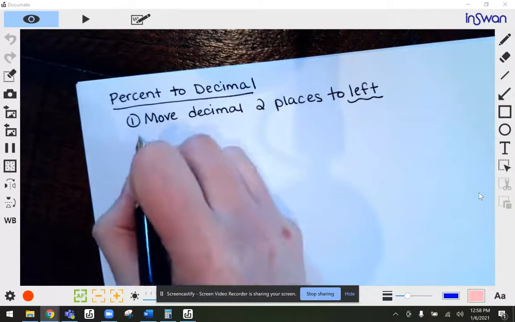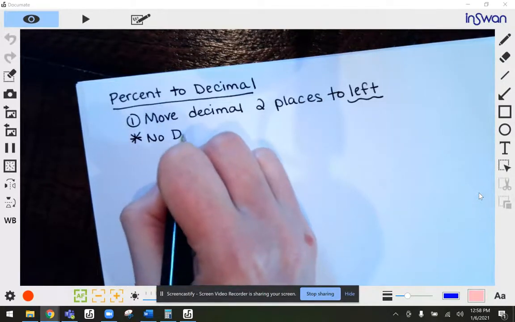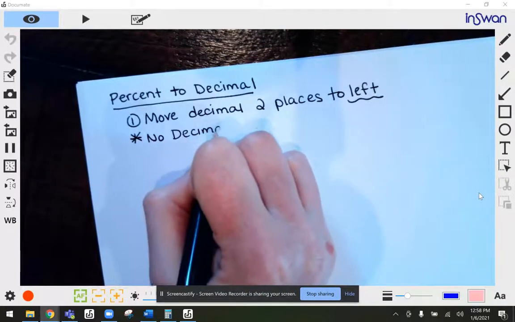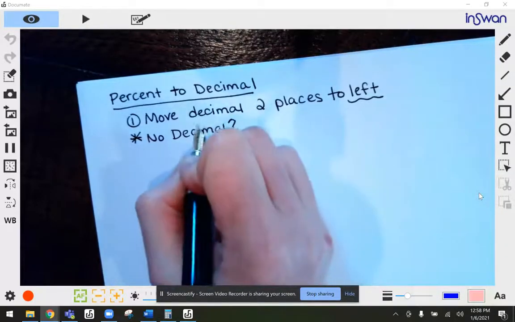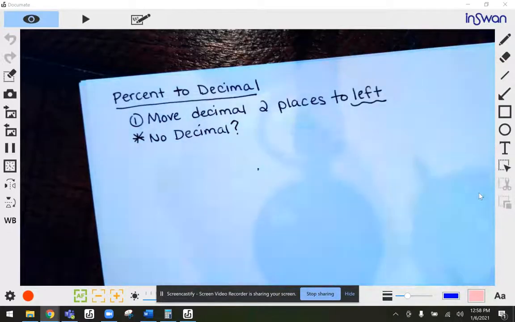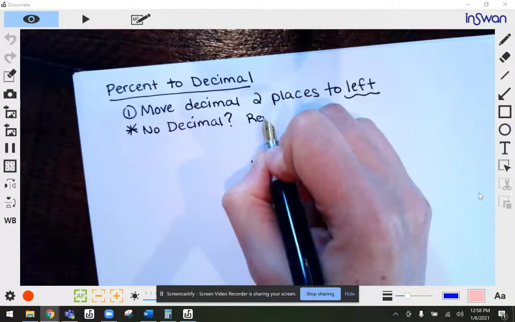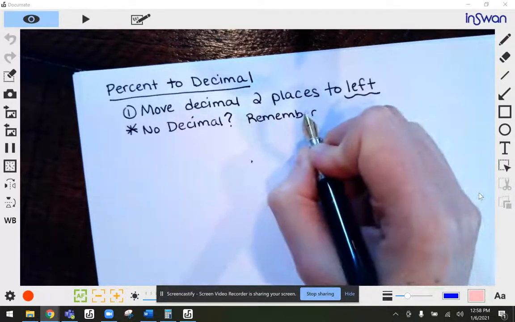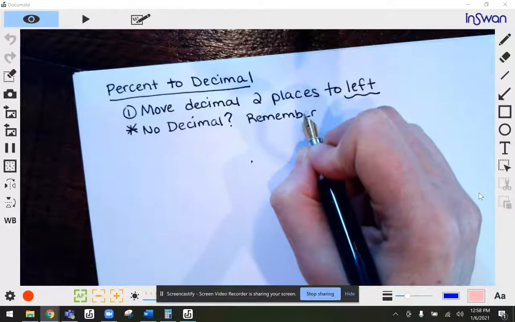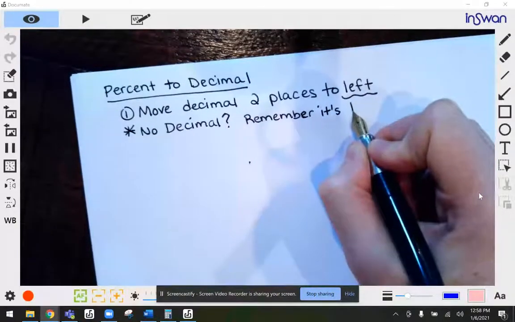Okay, if you don't see a decimal, remember that there's always that invisible one to the right of the number.